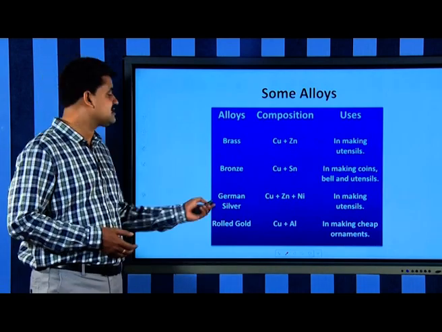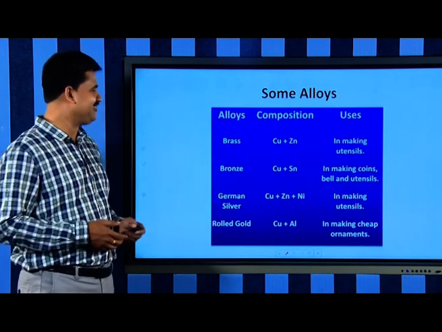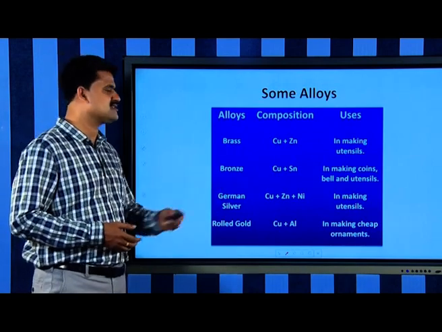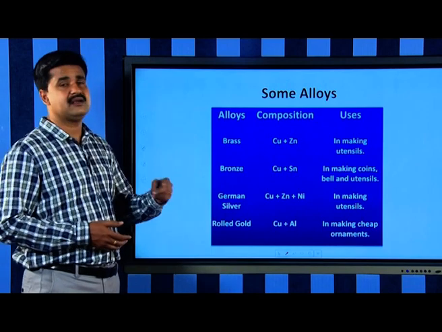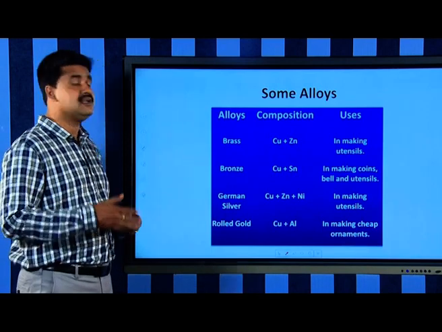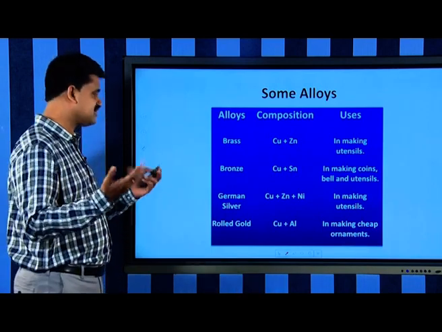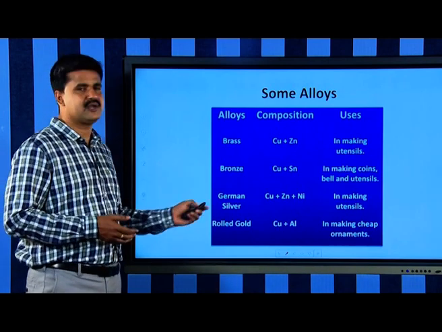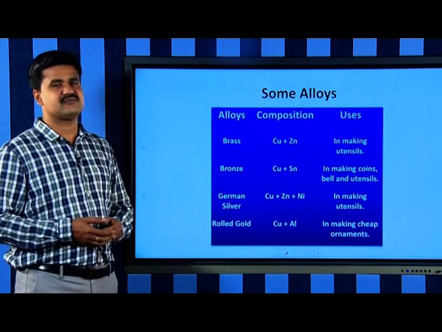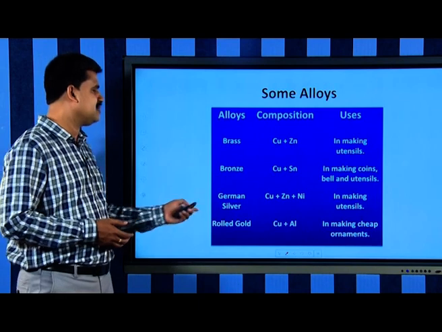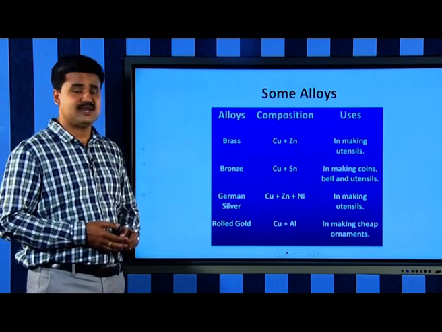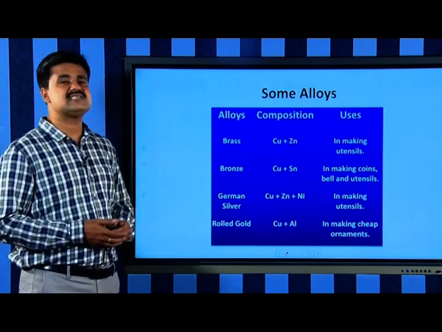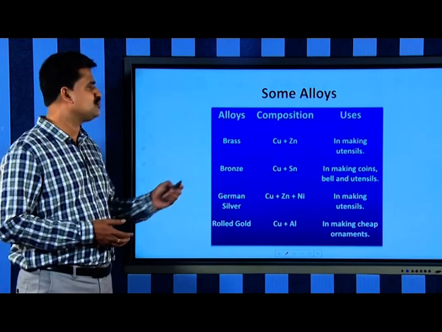German silver contains no silver, but the composition comprises copper, zinc and nickel, used for the preparation of several utensils. Rolled gold, that we use instead of gold in ornaments, comprises copper and aluminum, making cheap ornaments compared to gold.